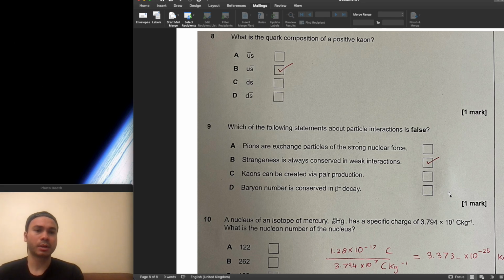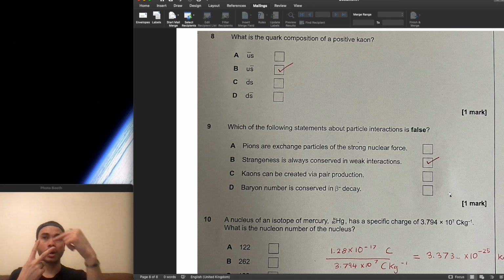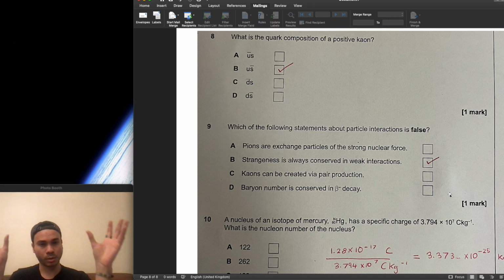Which of the following statements about particle interactions is false? First of all, you've got to remember that strangeness is not conserved in weak interactions, and I spoke a bit about this in the lesson, where I said when kaons, which are the heavier of the two, the pion and the kaon, are formed via the strong force, you get a pair of kaons formed, where you have a strange quark and an anti-strange quark to cancel out the strangeness.